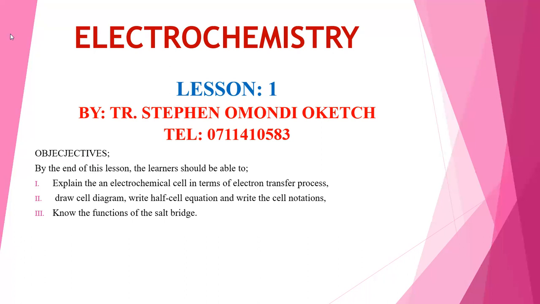So the objectives of the lesson: by the end of this lesson, the learners should be able to, one, explain an electrochemical cell in terms of the electron transfer process.